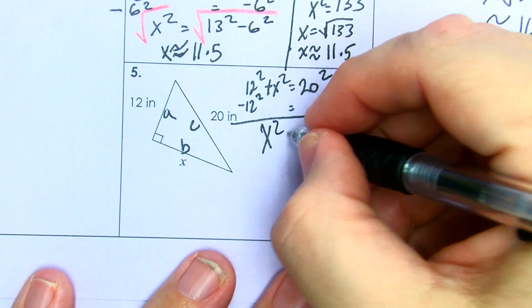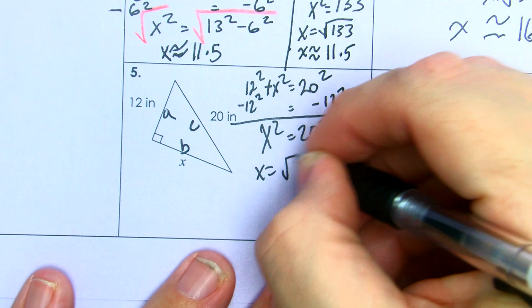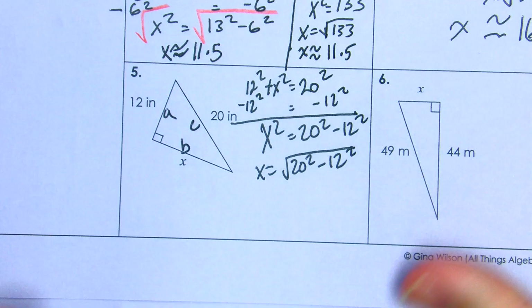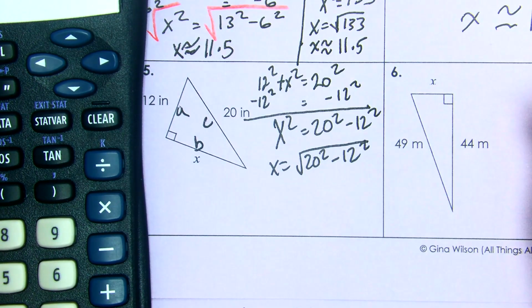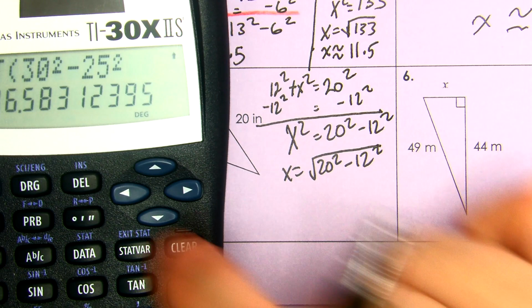You'll get x squared is equal to 20 squared minus 12 squared. So x is equal to the square root of 20 squared minus 12 squared. And you could have multiplied this out and get 400 minus 144 and then take the square root of that. That's fine. You're going to get the right answer.